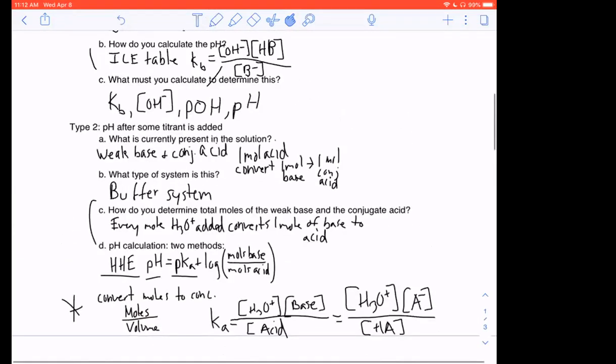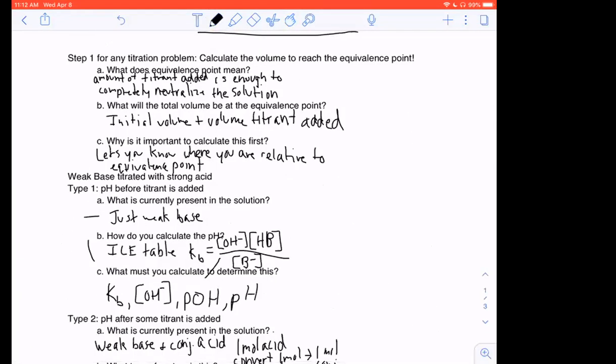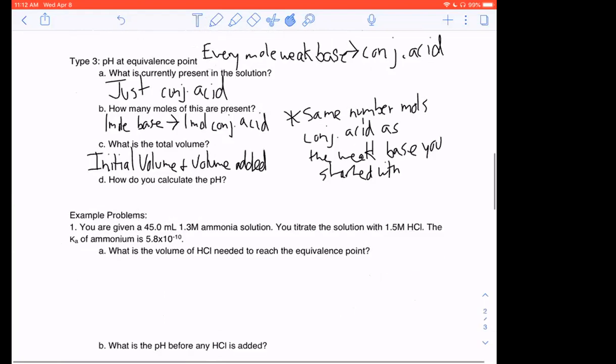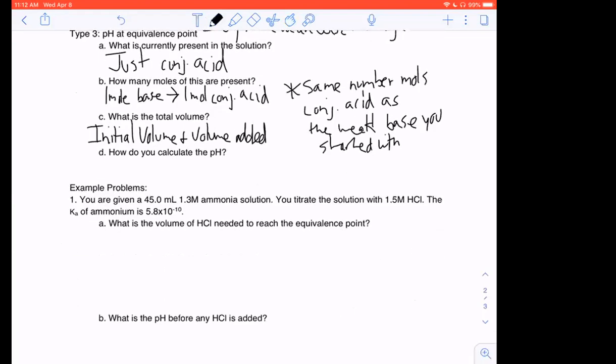When it was just weak base, you used an ice table using the Kb value because you have the base that's dissociating. Now it's all the conjugate acid. So you're going to use an ice table, but this time you're going to use the Ka version.